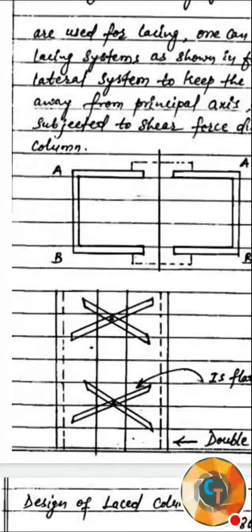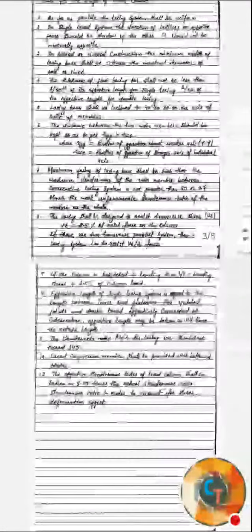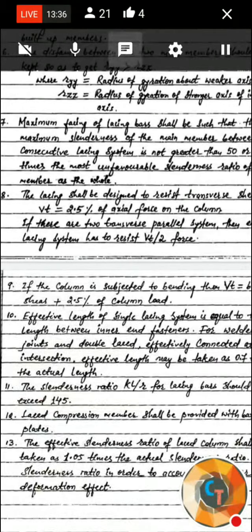Whatever force is applied, 1000 kilonewton, gives 25 kilonewton on the lacing system, and with two lacing systems, obviously 12.5 kilonewton on each. Is the eighth point clear? Seventh and eighth point, please reply.